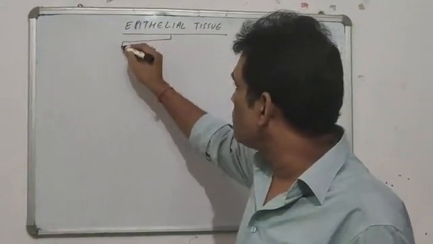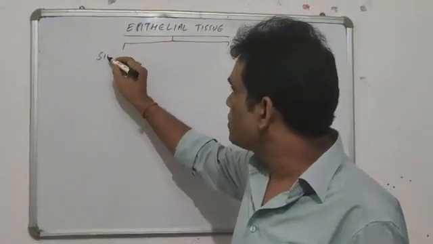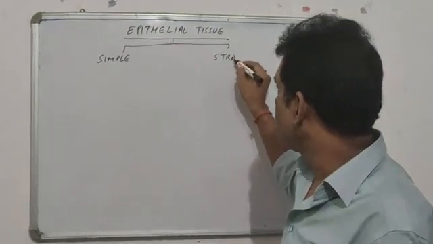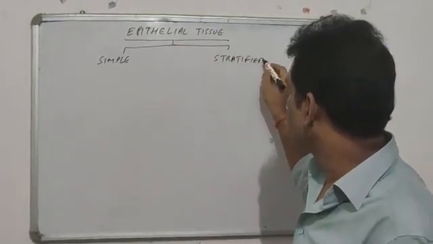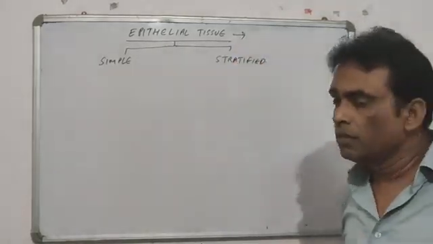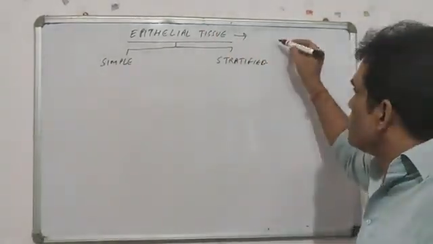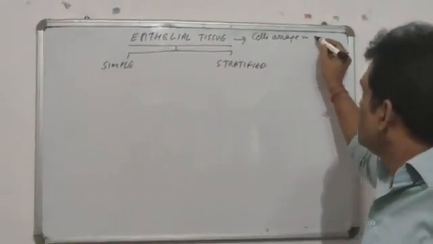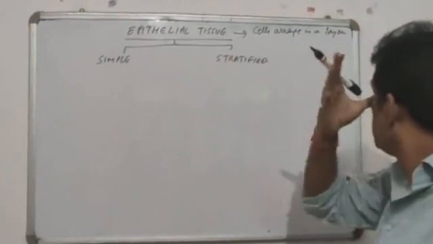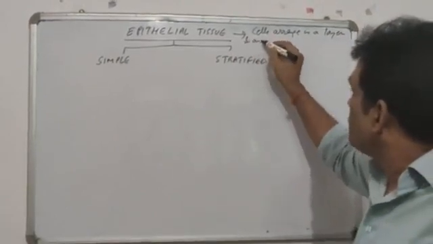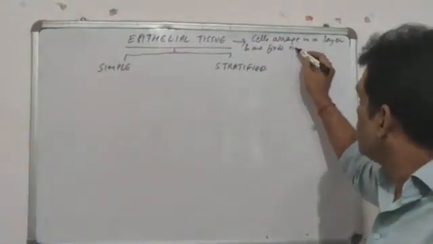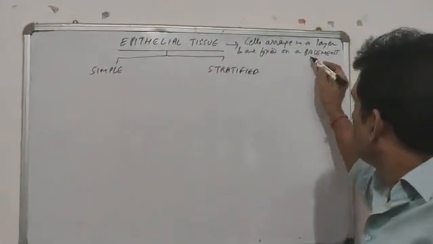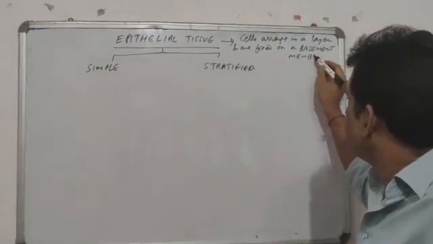They are basically of 2 types. They are called simple epithelial tissues or stratified epithelial tissue. Now the specialty of this is, it is a tissue, so it is a group of cells. The cells are arranged in a layer and are fixed on a, you should remember this term, basement membrane.